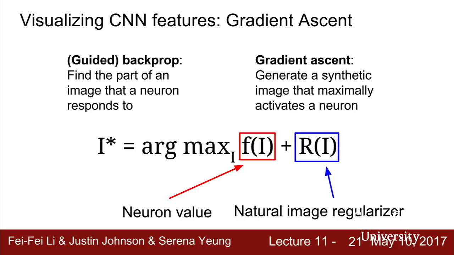One, we want it to maximally activate some score or some neuron value, but we also want it to look like a natural image. And we want it to have the kind of statistics that we typically see in natural images. So this regularization term in the objective is something to enforce our generated image to look relatively natural. And we'll see a couple different examples of regularizers as we go through.